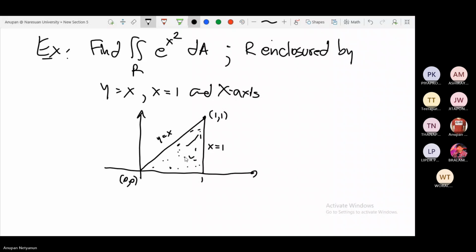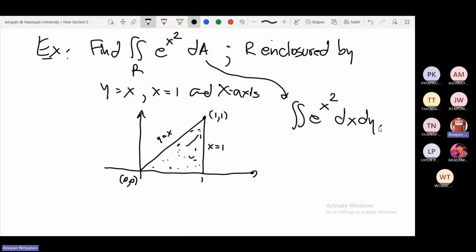Now, you can see that if we change this to integrate with variable x first, followed by variable y, a problem is going to occur.